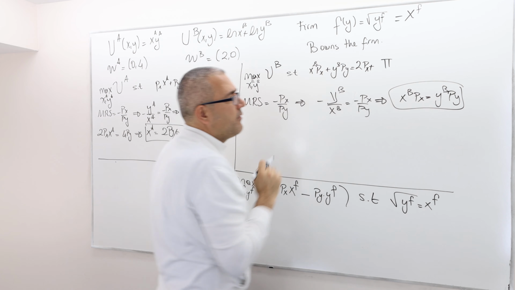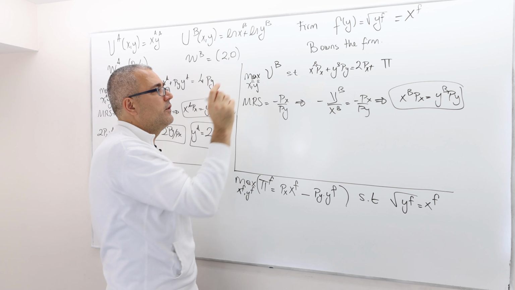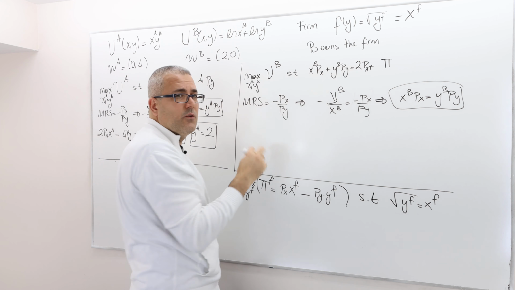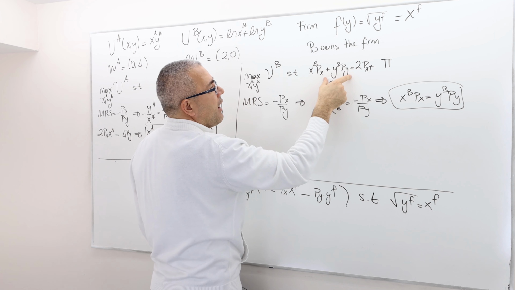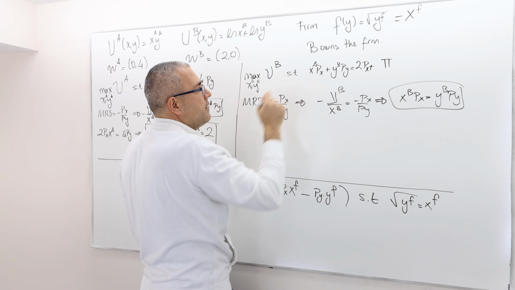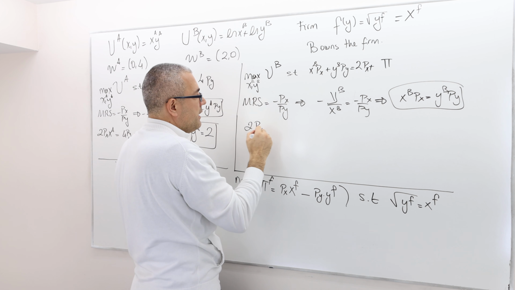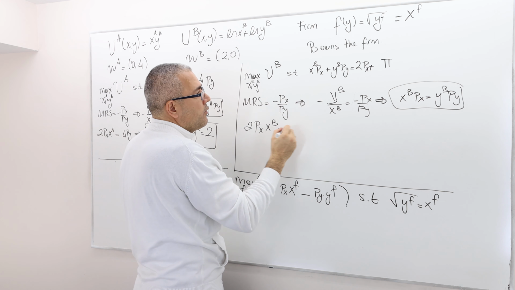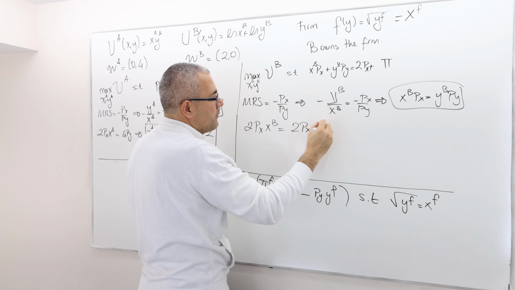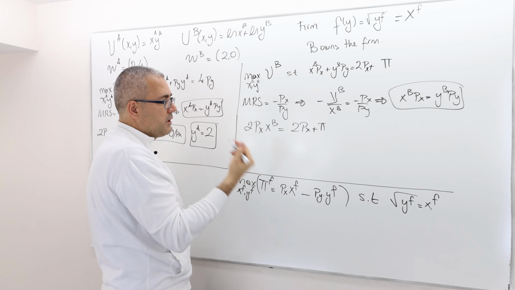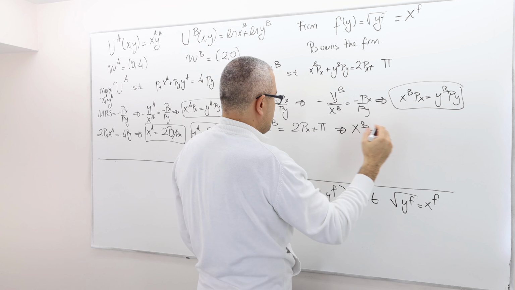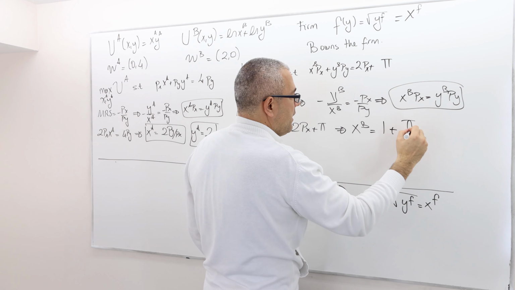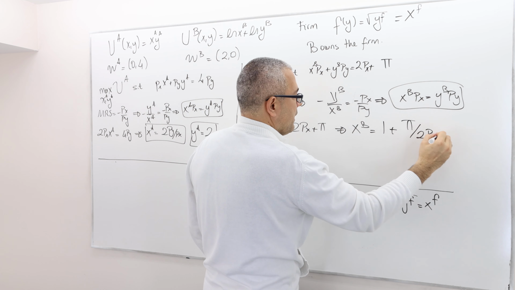All right, same thing. The only difference is going to happen now when I plug it into the budget constraint. Well, because YB PY equals this, we're going to have 2PX XB equals 2PX plus pi. So divide both sides by 2PX. It means the optimal B consumption is going to be 1 plus pi divided by 2PX.